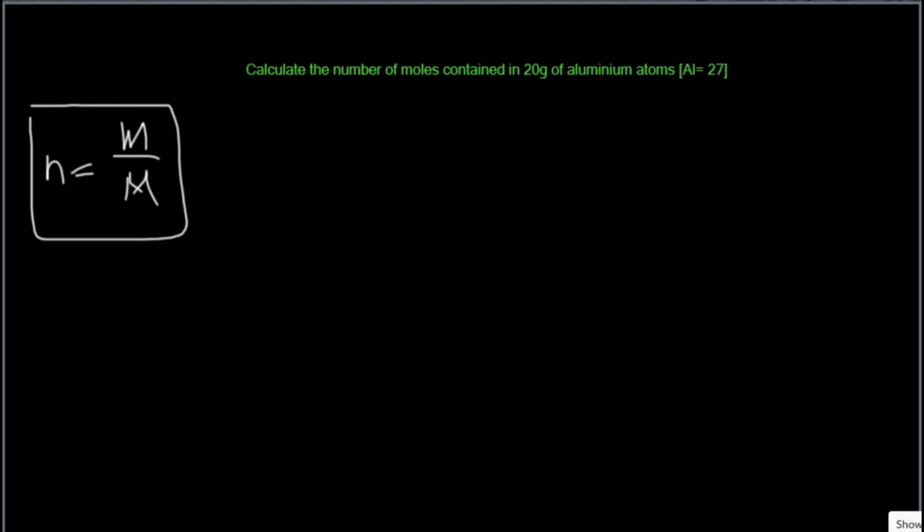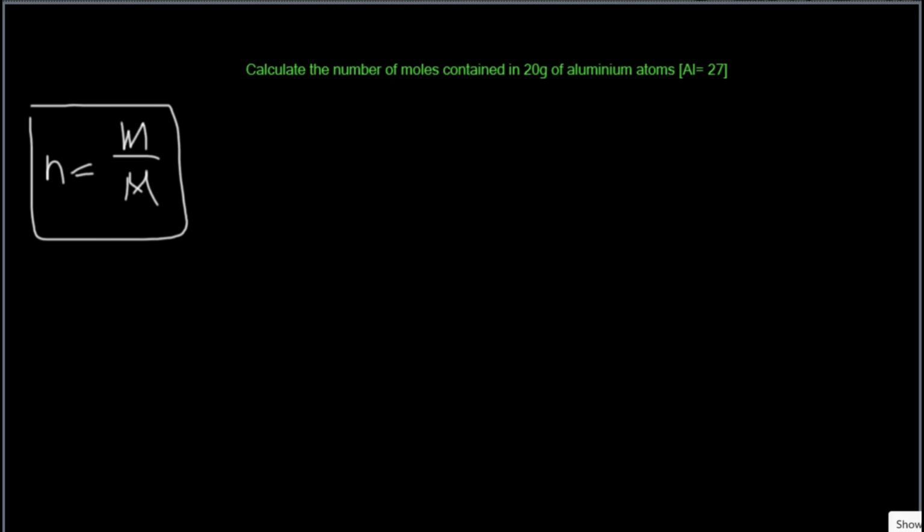Okay, so let's see this question. The question is calculate the number of moles contained in 20 grams of aluminum atoms. Al equal 27. So I told you always they will give you the relative atomic mass of the atom or the molecule they want you to find its moles.